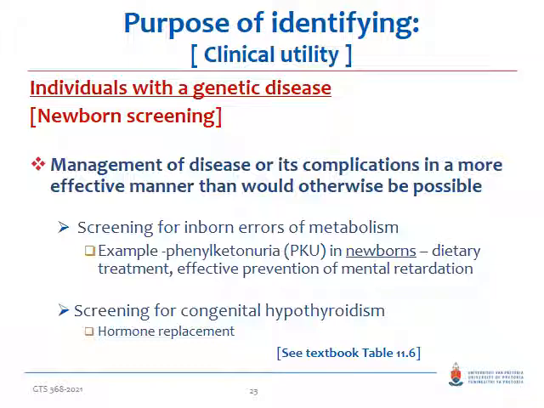Examples are phenylketonuria, where early dietary treatment omitting phenylalanine prevents mental retardation in affected individuals. In the case of congenital hypothyroidism, the prescription of a tablet containing thyroid hormone prevents intellectual disability. You can therefore see why this should be given priority.